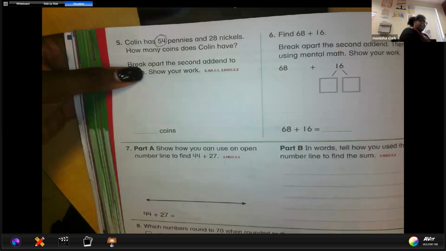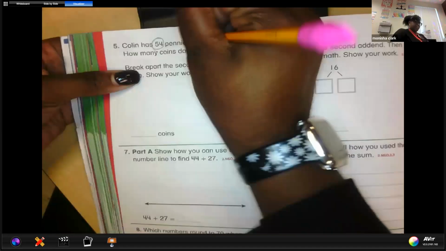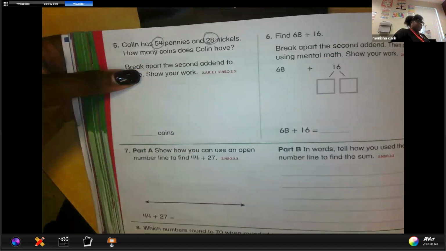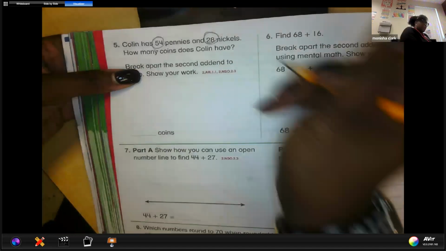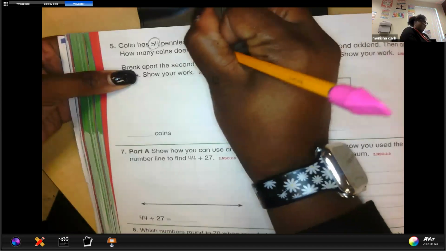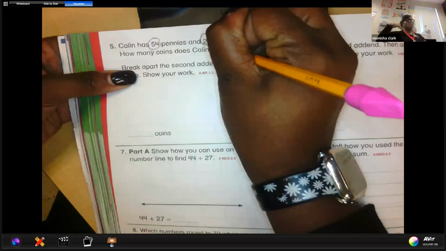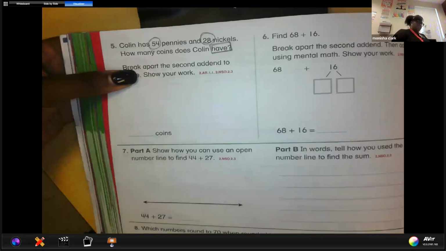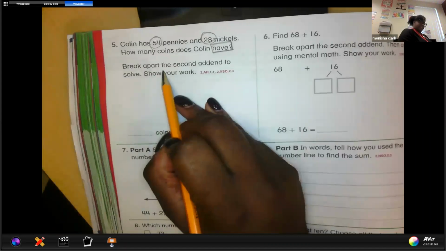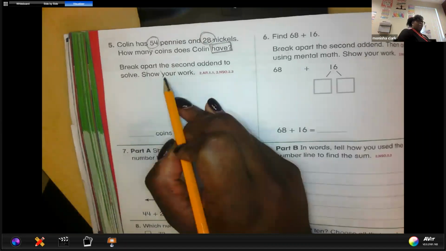And how many nickels? How many pennies does Colin have? So when we want to know how many does he have in all, that is telling us to add. Okay, break apart the second add-in to solve your work.